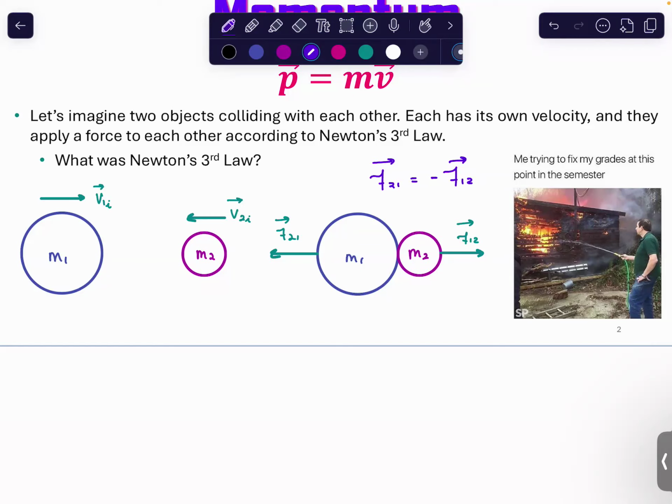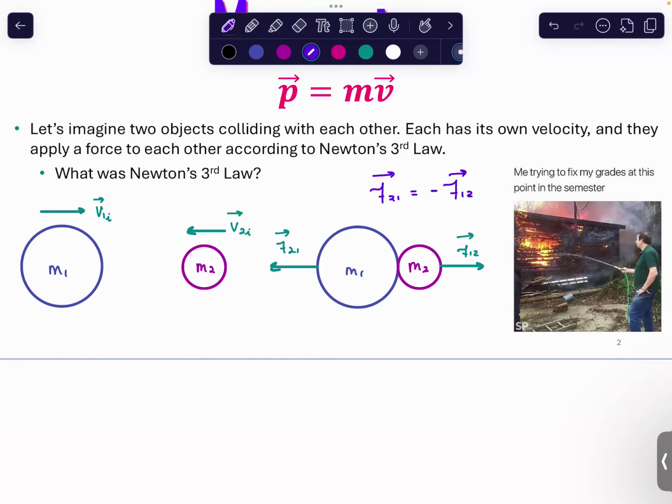Why is the change in momentum not going to be the same, even though the forces they supply to each other are equal and opposite? Why are the changes in momentum going to be different? Possibly, but we don't know that. What's something you do know right now that would make the momentum change for each one of them different?